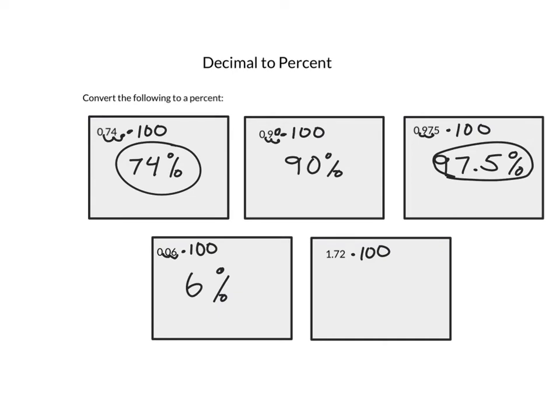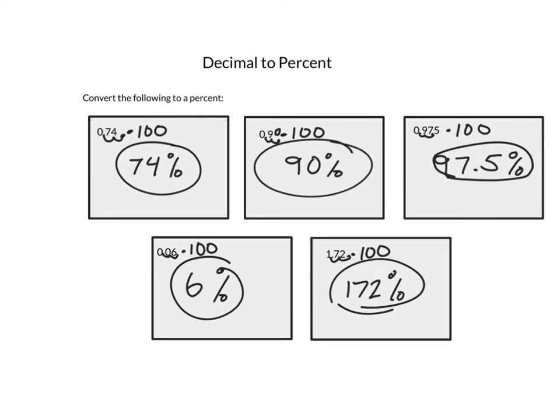And then this last one I wanted to show you how we can actually have more than 100%. Because if you have 1 and 72 hundredths and you move the decimal over twice, you're going to get 172%. Okay? So that's going from a decimal to a percent. You move that decimal twice because you're multiplying by 100.